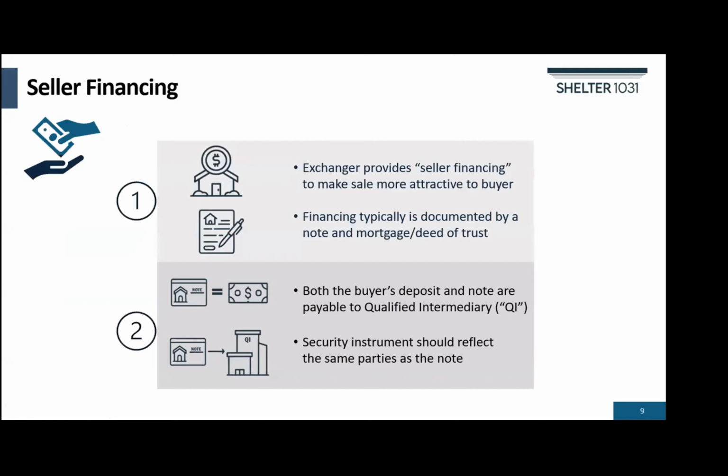Another hot topic is seller financing, which has seen a resurgence recently since interest rates have spiked up. Many would-be buyers have been priced out of the lending market, which makes seller financed properties potentially more attractive. Most seller financing arrangements take one of 2 forms.